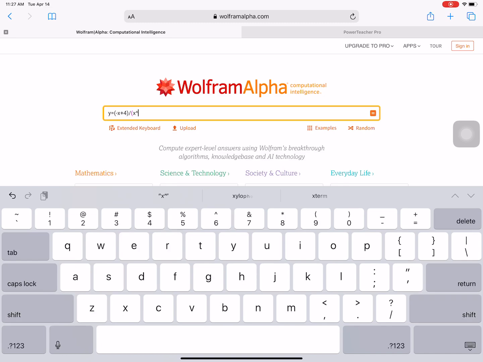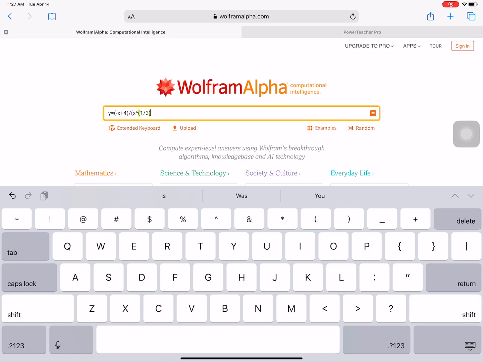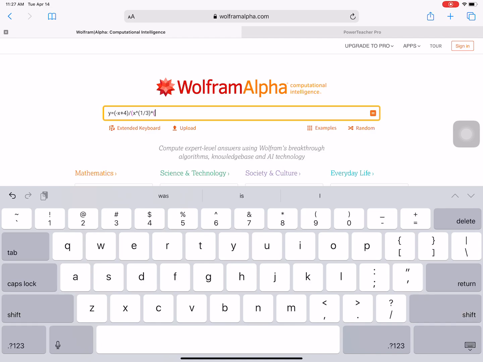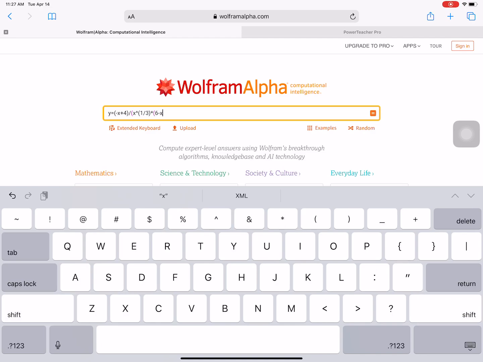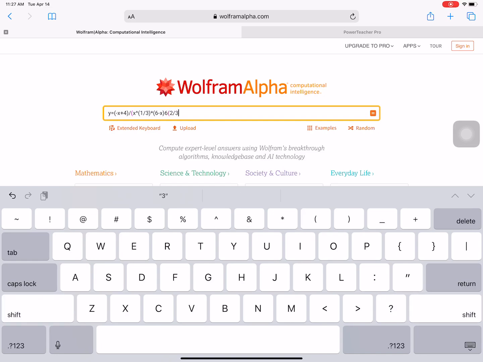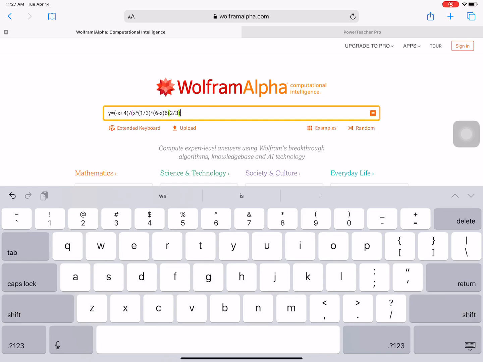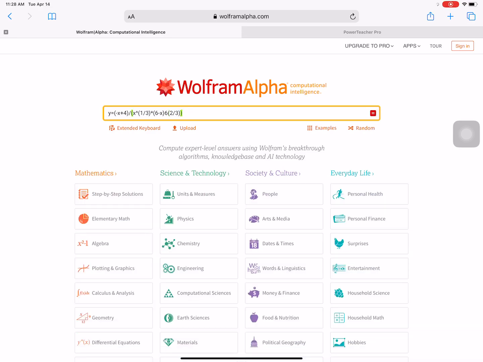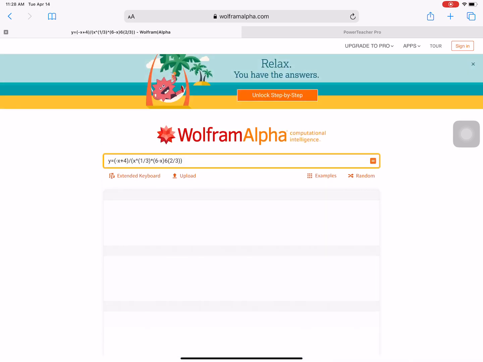X to the power of bracket 1 divided by 3, end my bracket, times, and now we have bracket 6 minus x to the power of bracket 2 divided by 3. And then what you want to do is hit enter to make sure you've typed it in correctly.